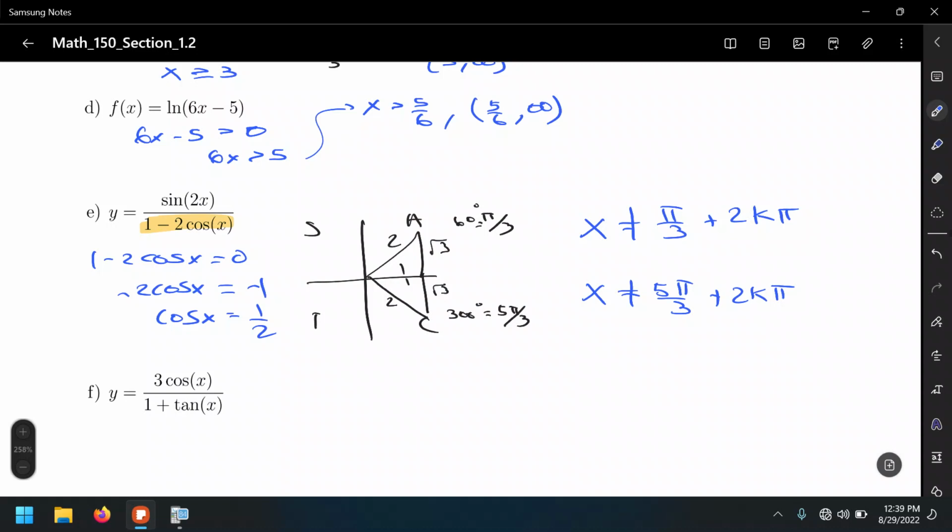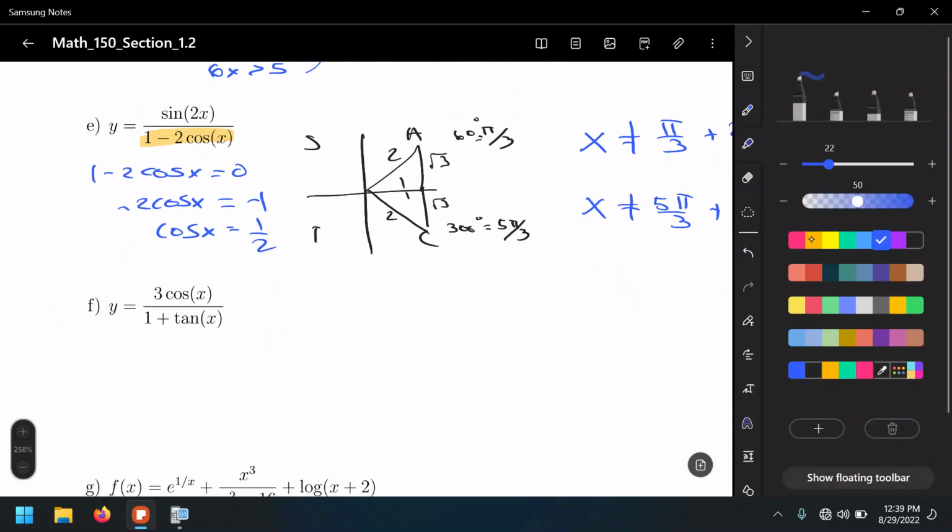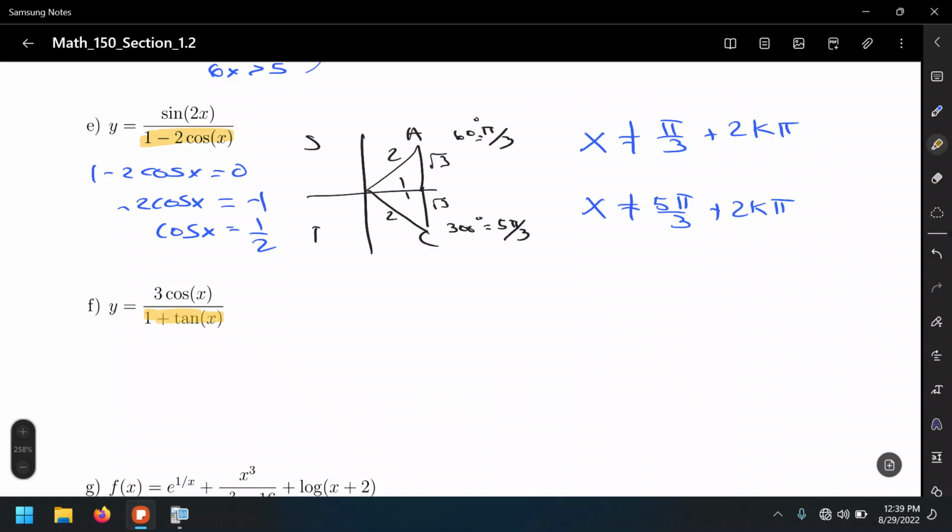All right, let's do a similar example, but now one with tangent. And again, this one looks similar, except that our denominator is 1 plus tangent. So in this case, the way we're going to tackle the problem is going to be very, very similar.